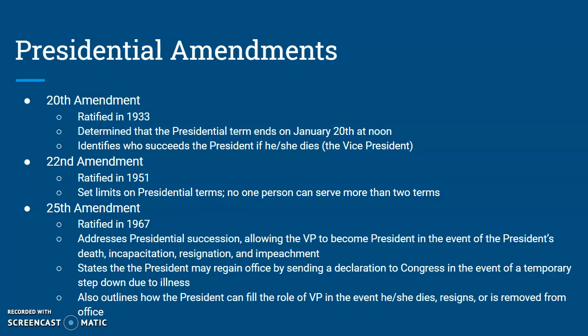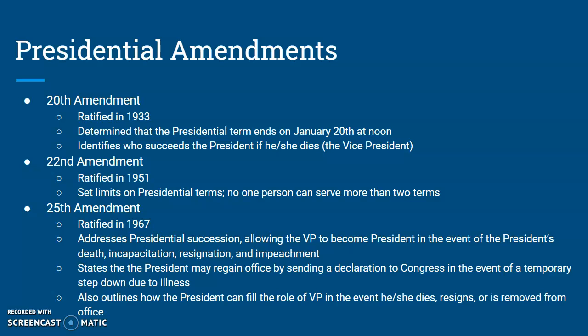And then the last presidential amendment is the 25th Amendment. It was ratified in 1967. It addresses presidential succession again, allowing the VP to become president in the event of the president's death, incapacitation, resignation, and impeachment. It states the president can regain office by sending a declaration to Congress in the event of a temporary step down.